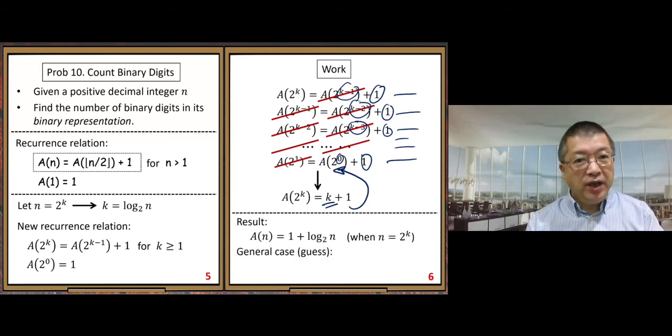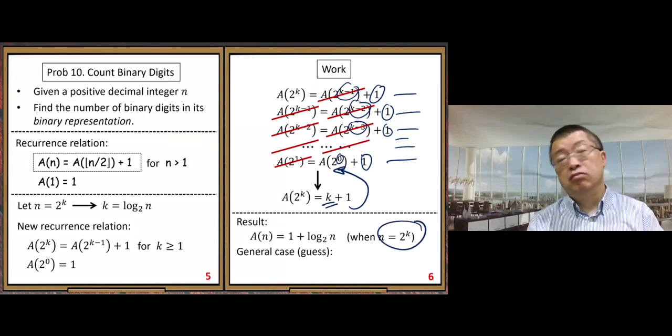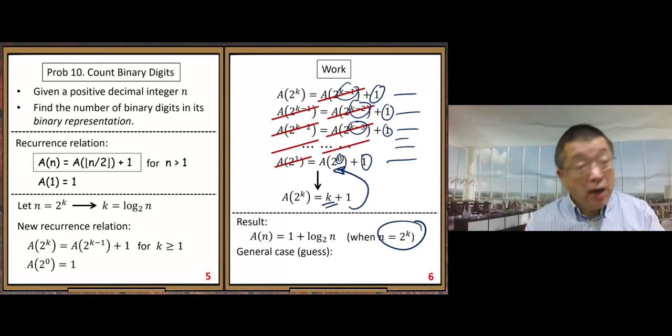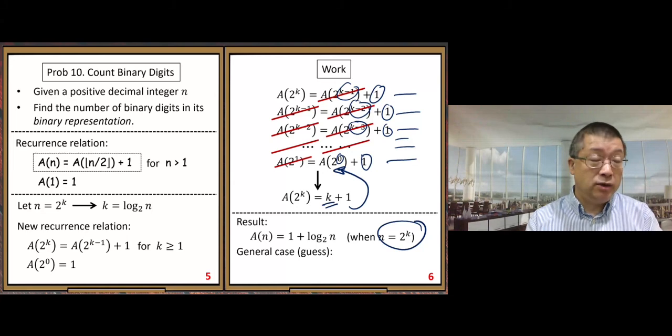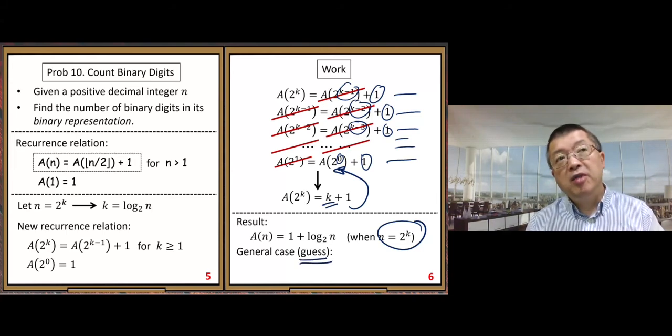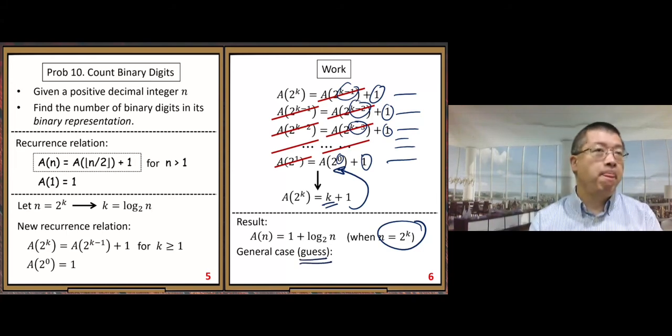Next, we need to look at the general case, because power of 2 is special. We want to have arbitrary n without any special format. So for the general case, at this point, we can only make our guess.